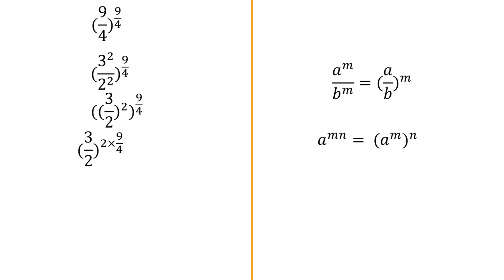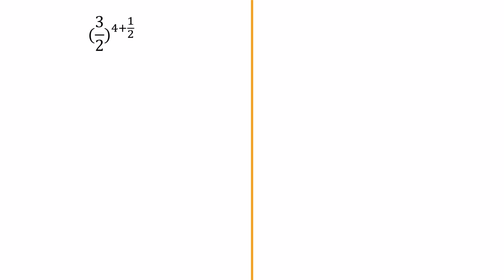And 2 times 9 over 4, the 2 cancels out the 4 and leaves a 2 behind. So it's going to be 3 over 2 raised to the power 9 over 2. 9 over 2 is 4.5, so we have 3 over 2 raised to the power 4.5.